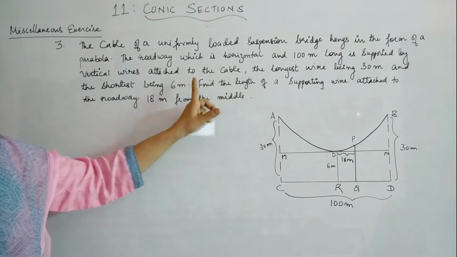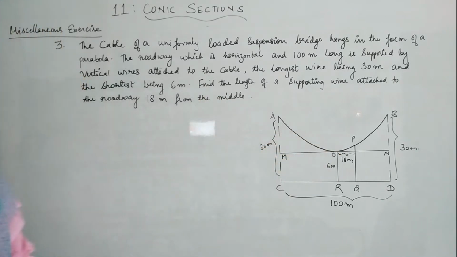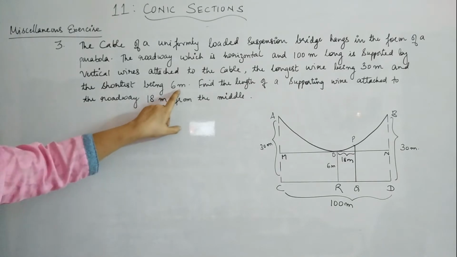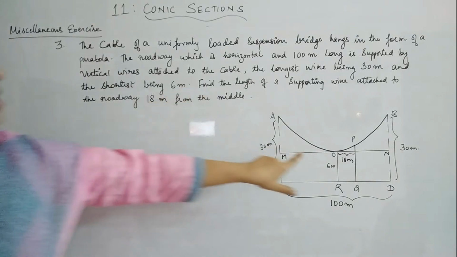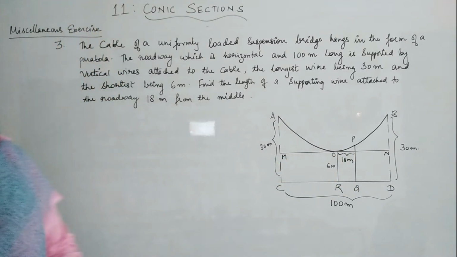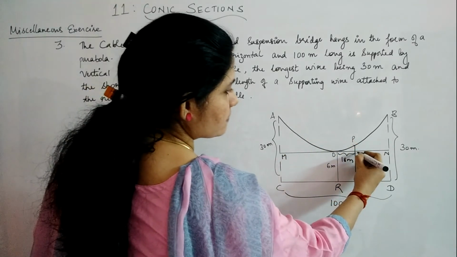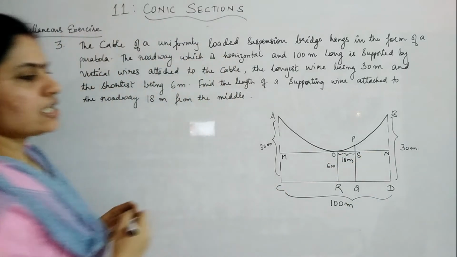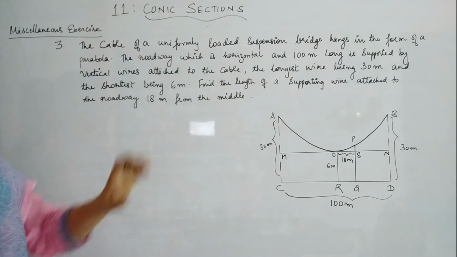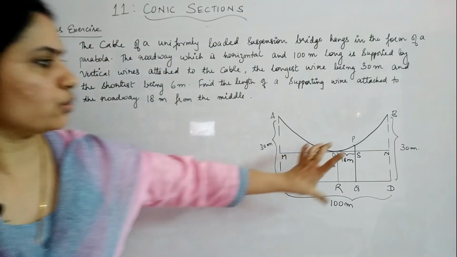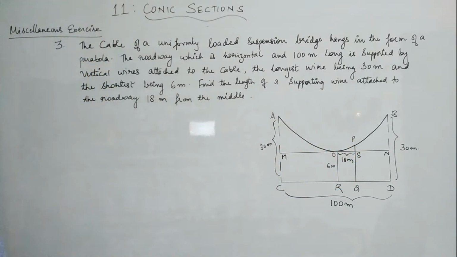And OR, which is the shortest wire, is of length 6 meter. And this length will be 18 meter. So let it be S. Okay, so OS is 18 meter. You have to actually find out what is the length of PQ, this length total. Okay, so first let us start with what is given.